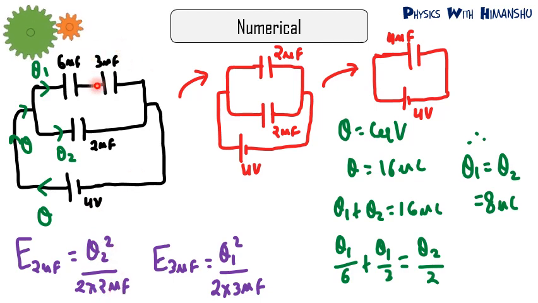Similarly in 3 microfarad the energy stored will be Q1 square by 2C. So Q1, because the charge stored by 3 microfarad is Q1, so Q1 square upon 2C. So this is how you can calculate energy stored in individual capacitors, and also you can calculate energy stored in all the capacitors. Okay, so charge distribution is very important. You have to learn to distribute charges.